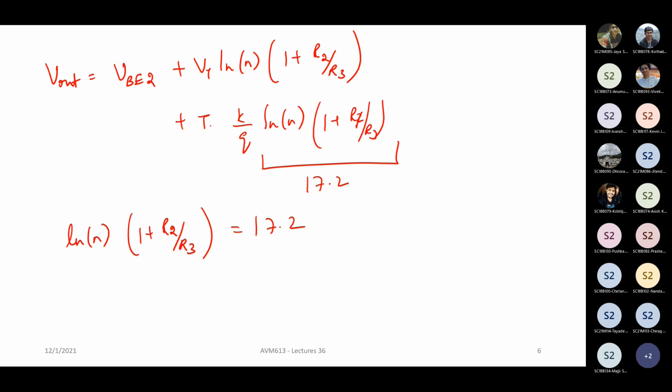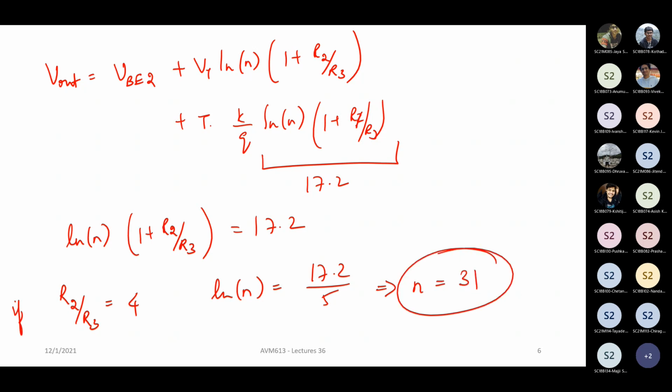Now, if you take, let us say, R2 by R3 to be a factor of 4, then what happens? Ln of N becomes 17.2 divided by 5, and this turns out to be that N is approximately 31. Now this is much more realizable, right?